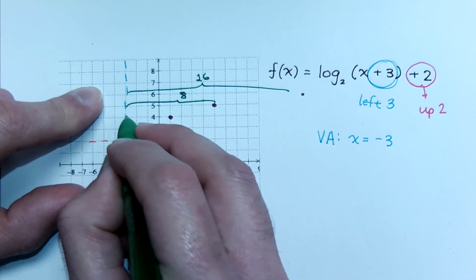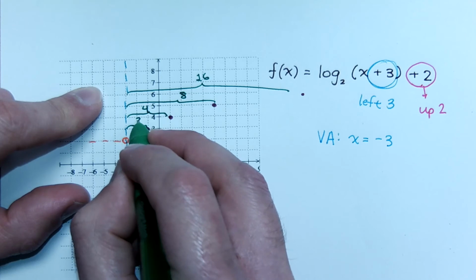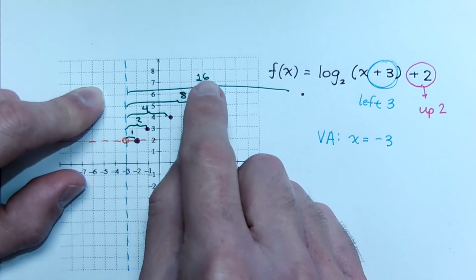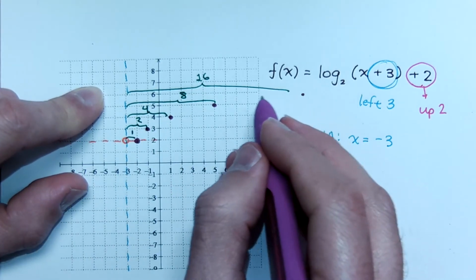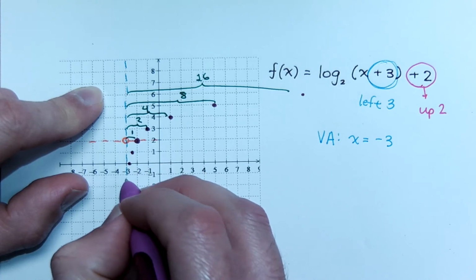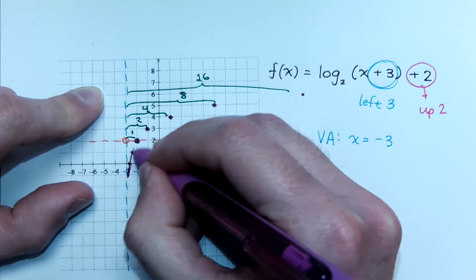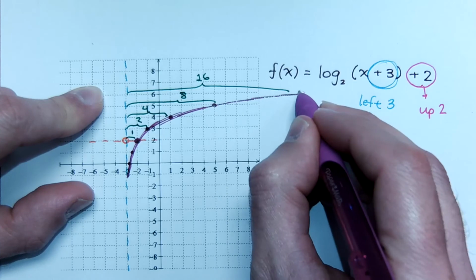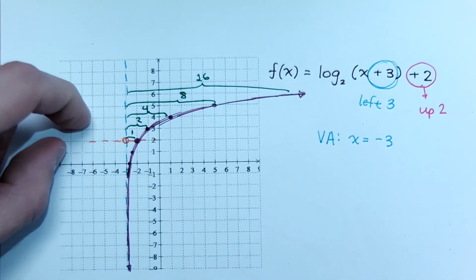This is 8, 4, 2, and 1. So you see, you're dividing by 2 as you go down each step. Keep dividing by 2. What do you have? 1/2, 1/4, 1/8, and so on. And so we connect the dots, having a shape that is incredibly similar to our exponential, except it's just turned on its side.